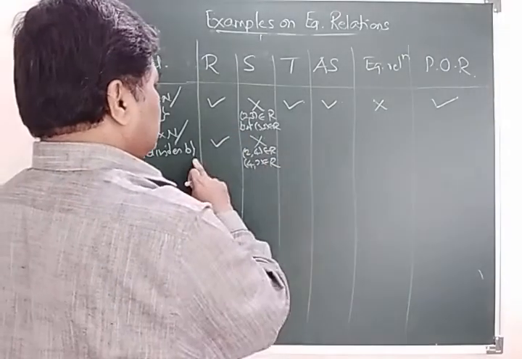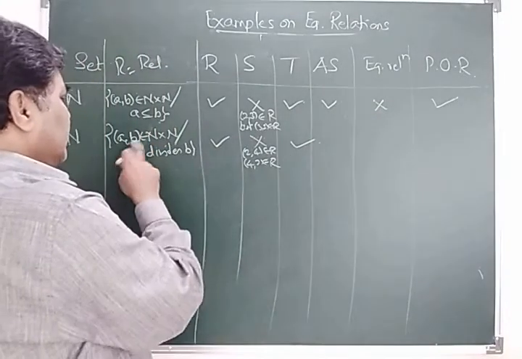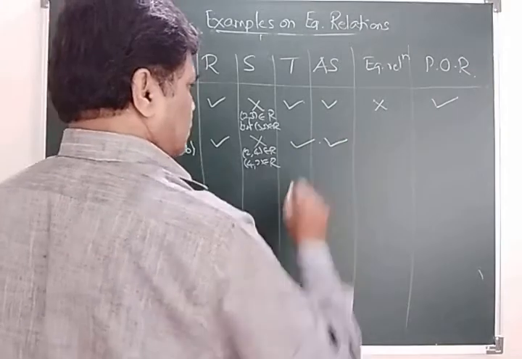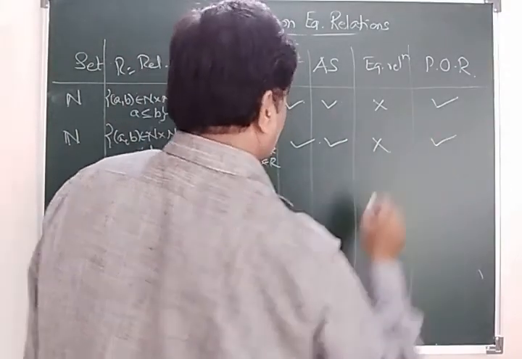Transitive: if a divides b and b divides c, that holds. If a divides b and b divides a, then a equals b, so antisymmetric, yes. It is a partial order relation.